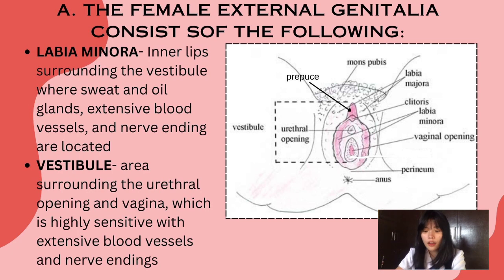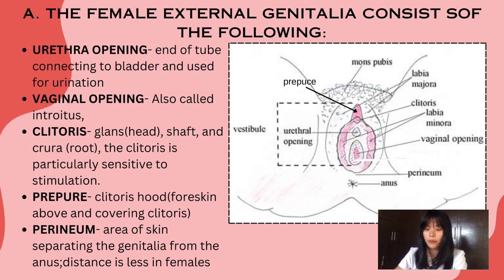Vestibule is the area surrounding the urethral opening and vagina, which is highly sensitive with extensive blood vessels and nerve endings. The urethral opening is at the end of the tube connecting to the bladder and used for urination. Dito lumalabas yung ihi natin.